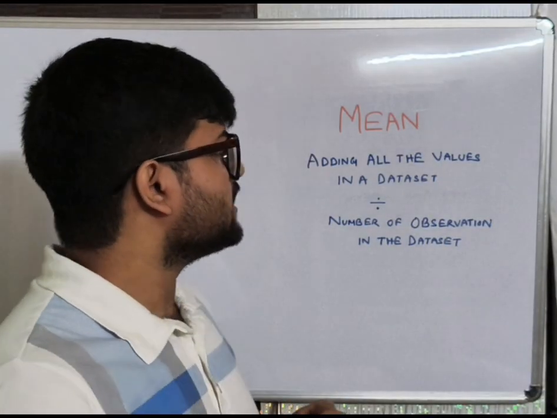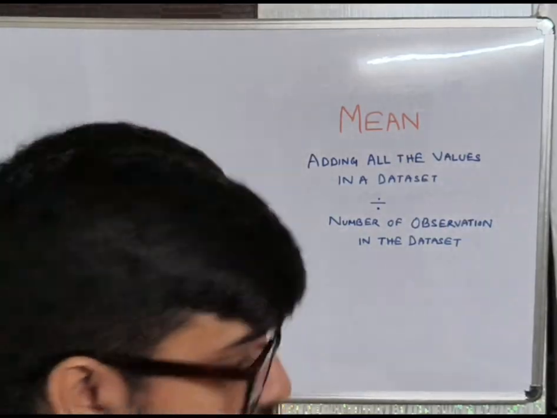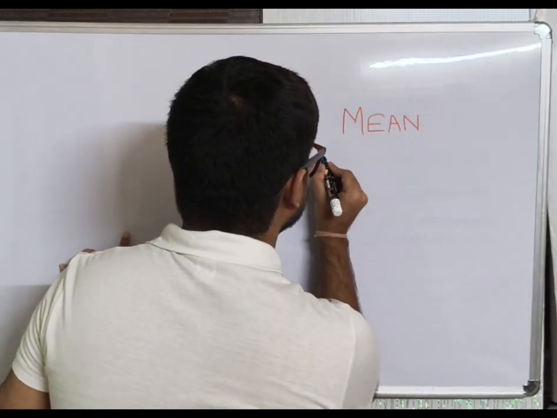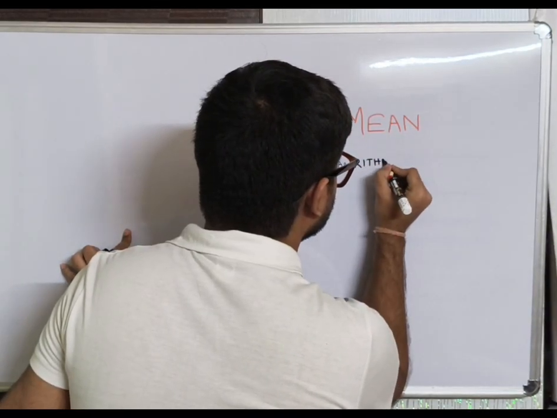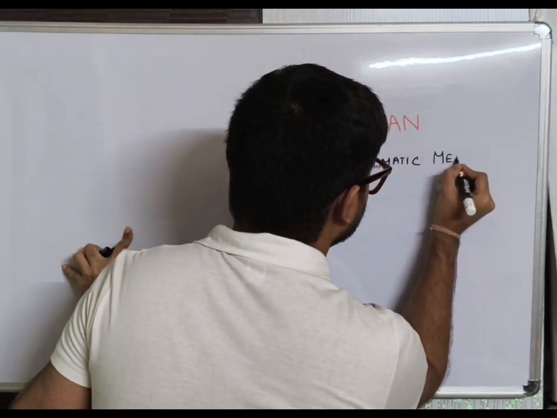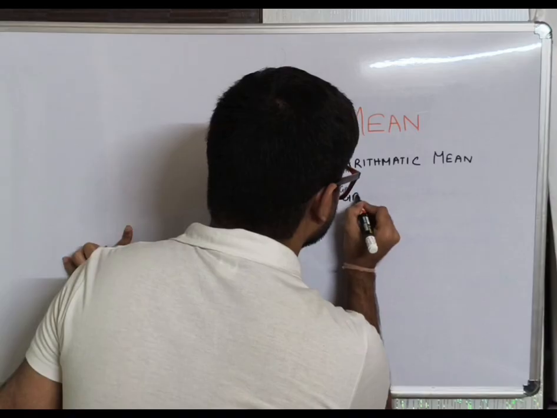Now mean we can segregate into three types. There are three types of mean. The first one is arithmetic mean. The second one is geometric mean.